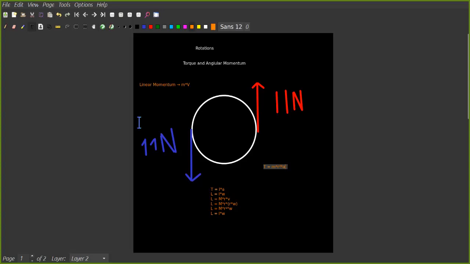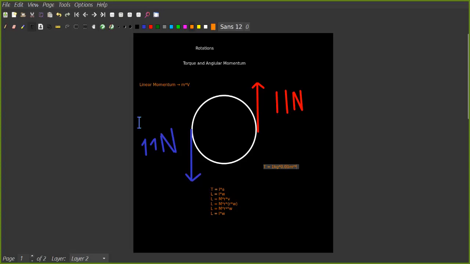Okay, so let's do an example. Let's say I have a disk with mass 1 kilogram, and the radius is 10 centimeters. Let's use meters, just to use SI units, so it's 0.1 meters. Now let's square it. So 1/10 times 1/10 is 1/100th, so it's 0.01 meters squared.